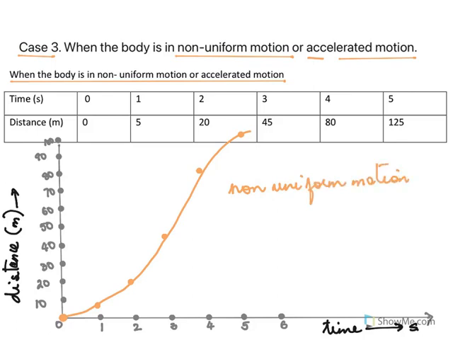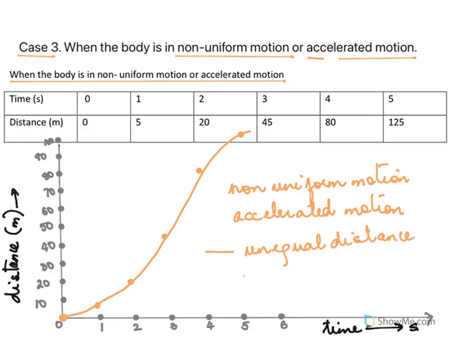Non-uniform motion, or we can call it accelerated motion, where a body covers unequal distances in equal intervals of time. So this is the distance time graph of non-uniform motion.